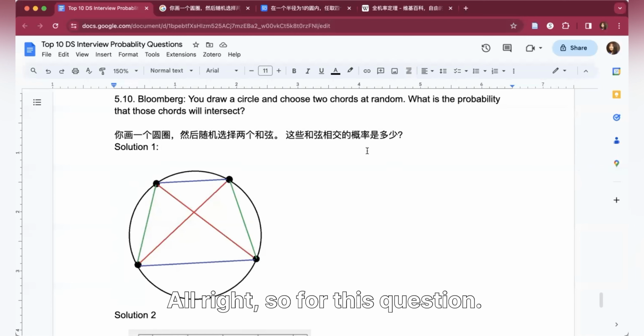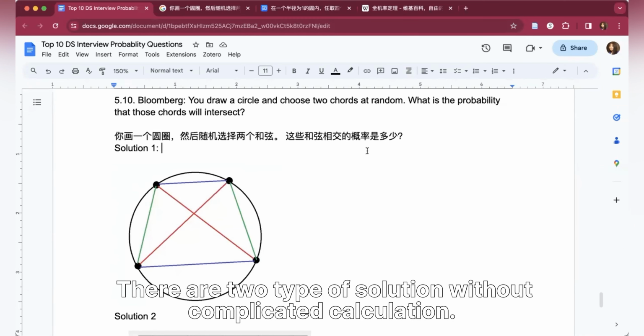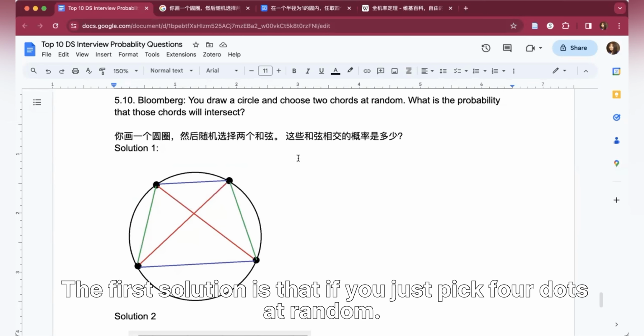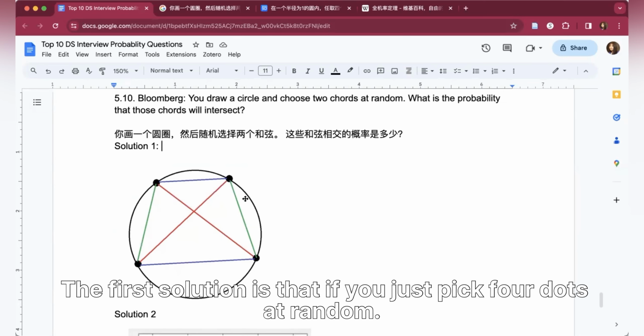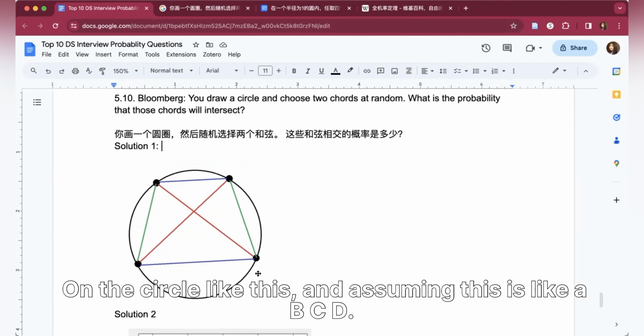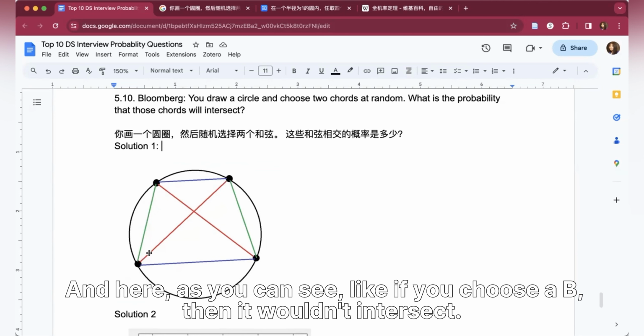All right, so for this question, there are two types of solution without complicated calculation. The first solution is that if you just pick 4 dots at random on the circle like this, and assuming they are A, B, C, D, as you can see, if you choose AB, then it wouldn't intersect.